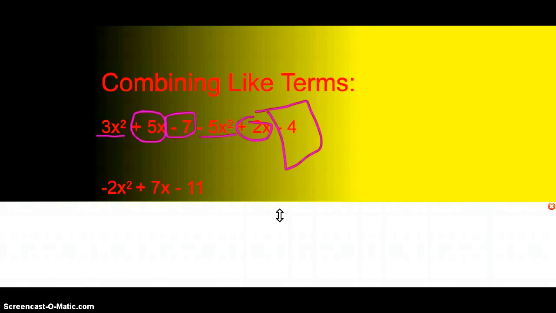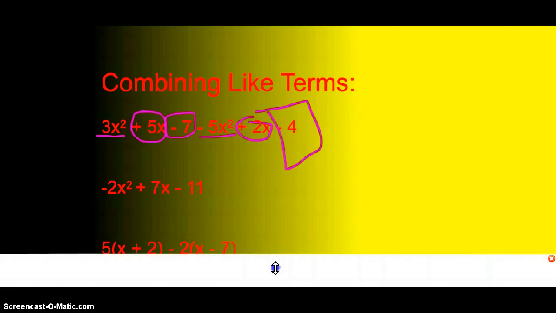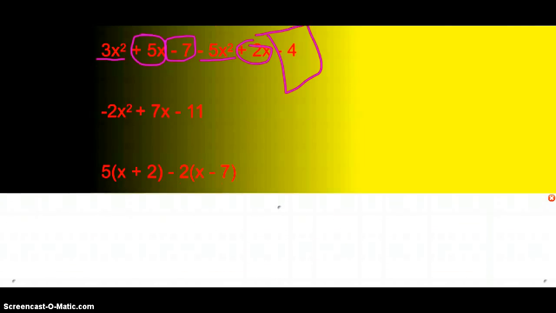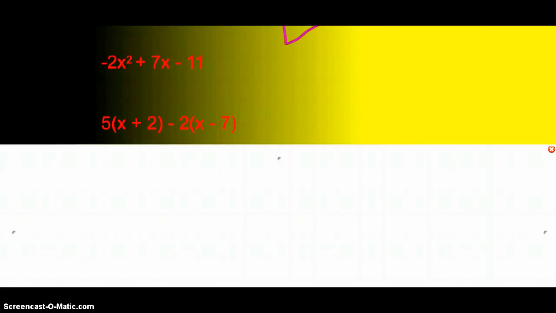But I do again want to look at one common mistake that we come across with combining like terms, where we have the distributive property involved and we have the distribution of a negative 2. That's the mistake people often make. They don't keep that 2 as a negative number.